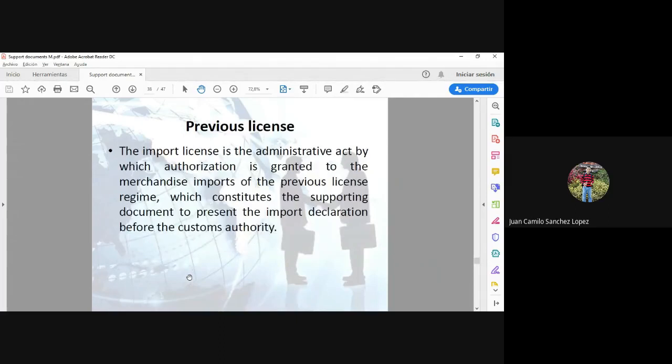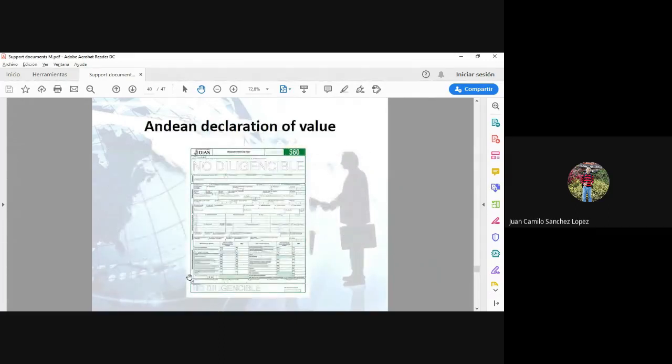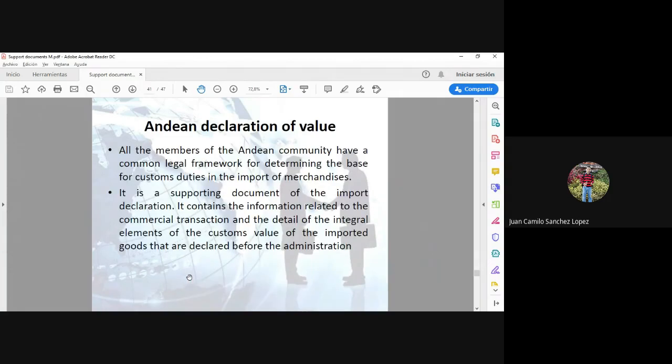There are some restrictions, and also another document: the Andean Declaration of Value. In Spanish, Declaración Andina de Valor. This document is only mandatory to present when there are transactions, in this case importation, from countries that belong to the Andean Community: Ecuador, Peru, Bolivia, and Colombia.